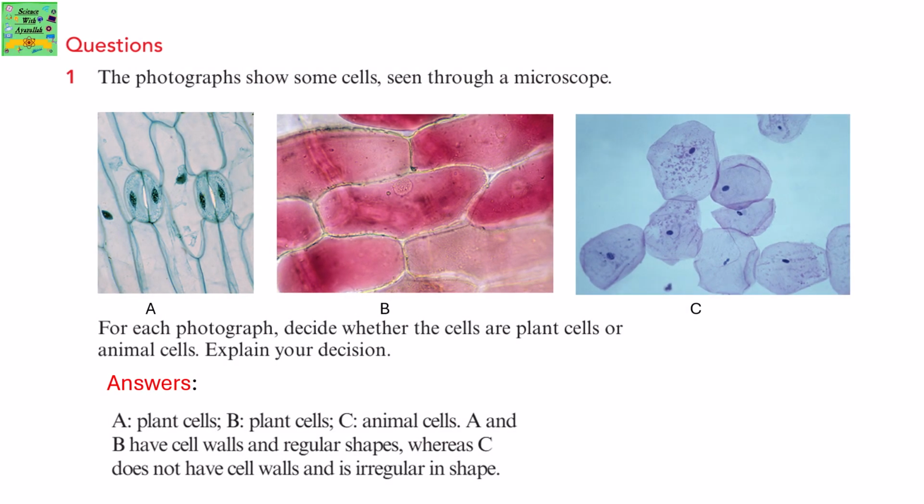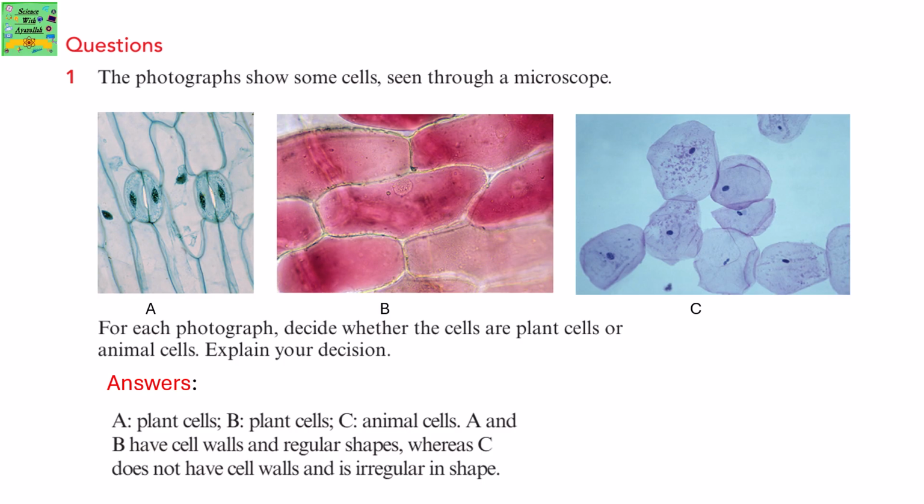The photographs show some cells seen through a microscope. For each photograph, you need to decide whether the cells are plant cells or animal cells, and explain your decision. The answer here is A is a plant cell, B is a plant cell, whereas C is an animal cell.